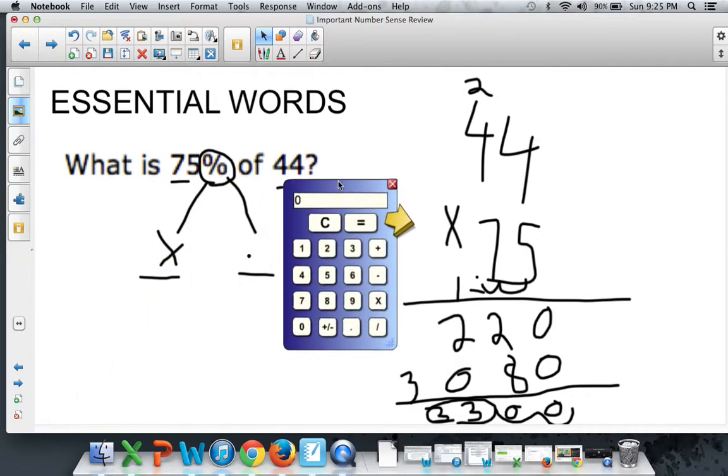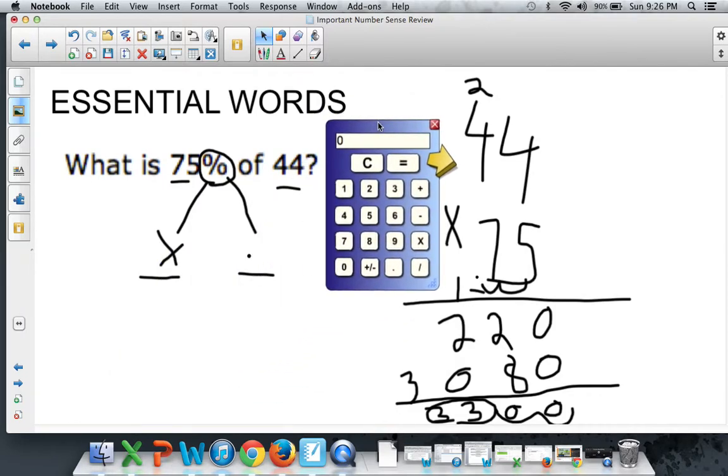Alright. How about right there? Yeah. So we had 44 times point... Why didn't it do times? Oh boy. This thing doesn't work so great. 44 times 0.75.